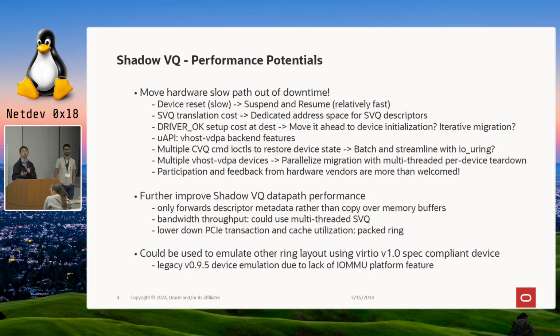So the device dependent means that on the on-chip IOMMU providers, we can come up with a dedicated address space to host those shadow work queue descriptors. So there's no need to involve a lot of translation in the shadow work queue, and that works best on the device that has its own IOMMU.